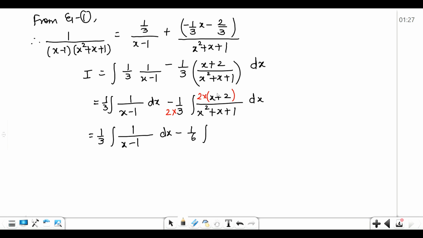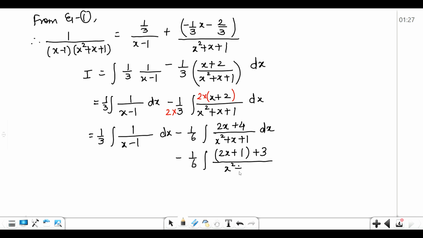This 2 will be multiplied inside, so that will give you 2x plus 4 upon x square plus x plus 1 dx. But what we needed here is only 2x plus 1. So we'll write 2x plus 1 and plus 3. We can separate it, right? X square plus x plus 1 dx. This shall be repeated.